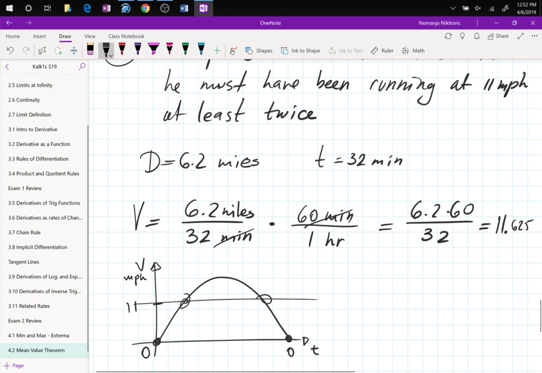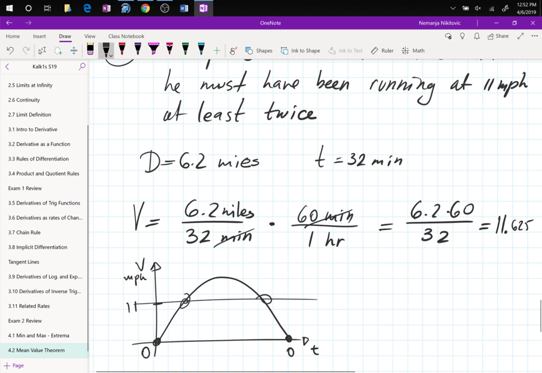Now we don't know what the runner's top speed was. Could be 12, could be 15, could be whatever, right? But the fact is that we know that the runner was doing 11.625 on average, which means that at least once his speed was 11.625, and because you start from 0, to get to 11.625, you have to go through 11, and then to stop, you have to go from 11.625 down to 0 through 11 again.